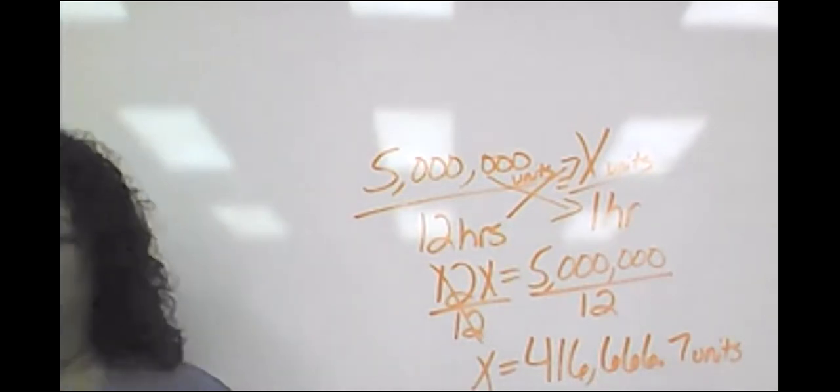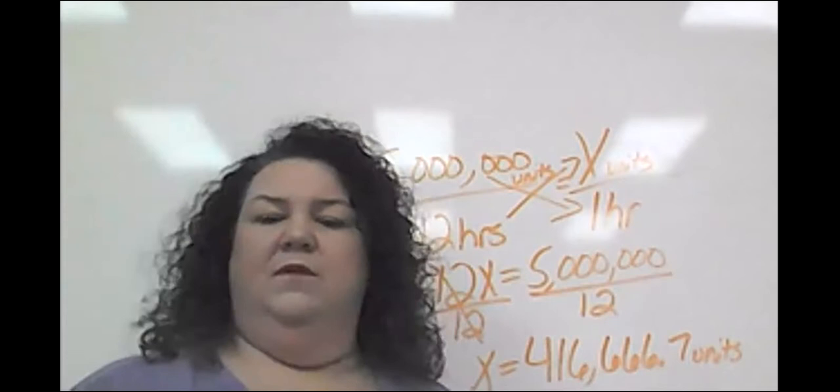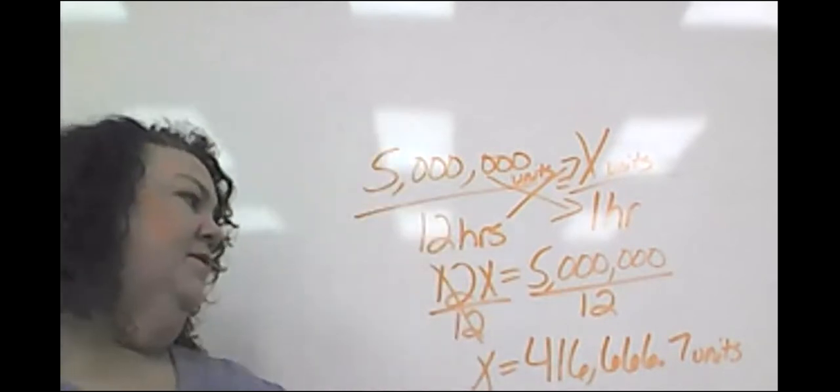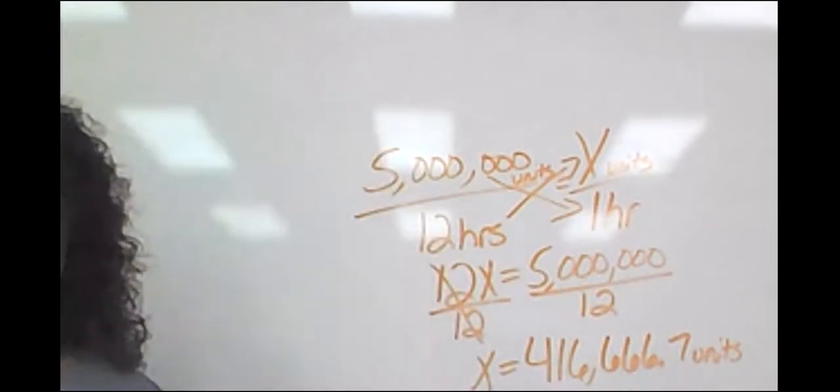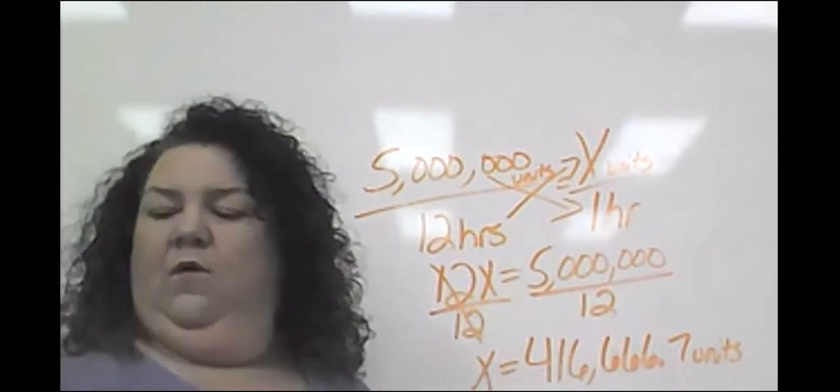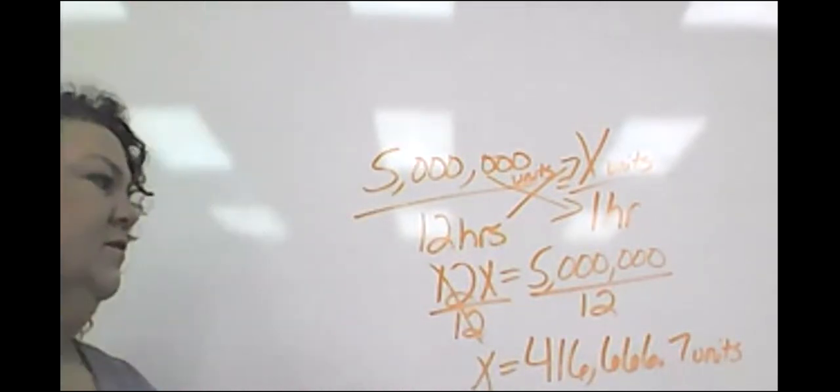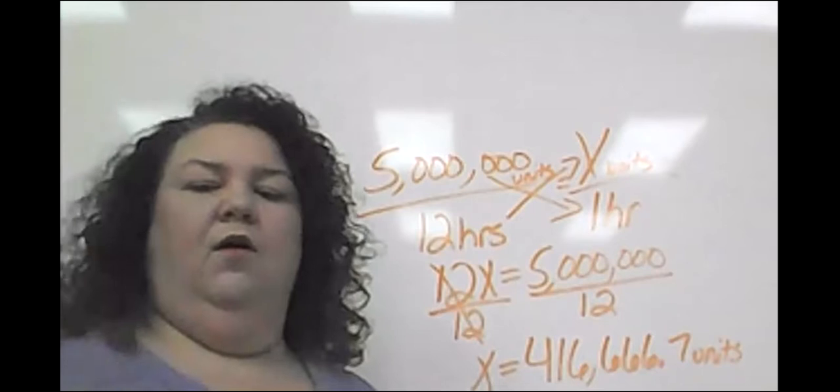Either answer would be acceptable. I see the book went with a rounded figure; I just went ahead and rounded to my tenths. But that's units per hour. That's how many units would be administered to the individual per hour.